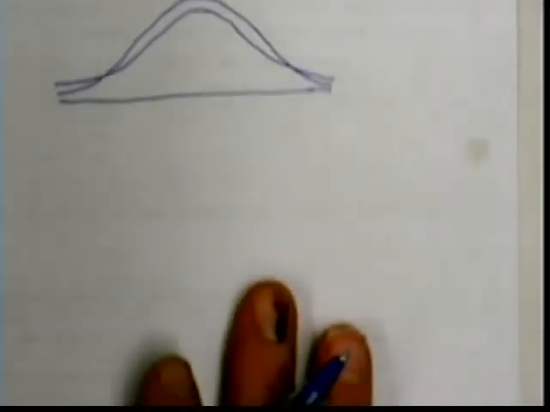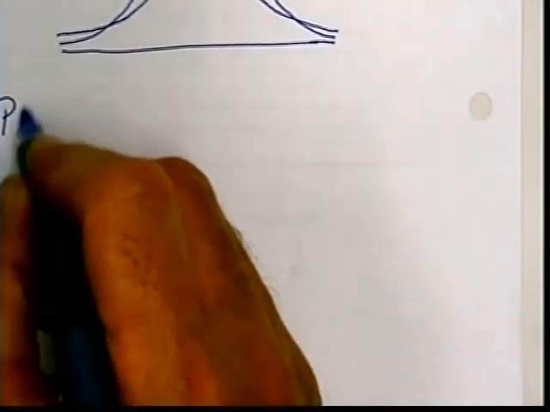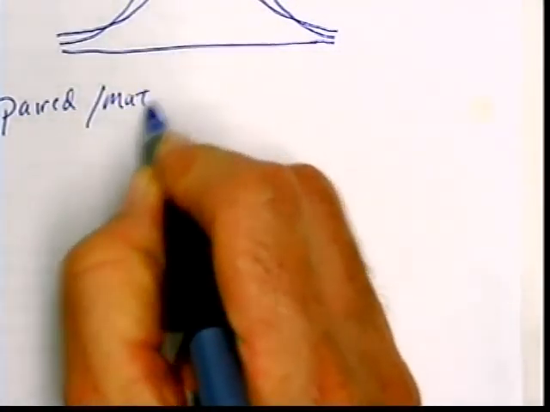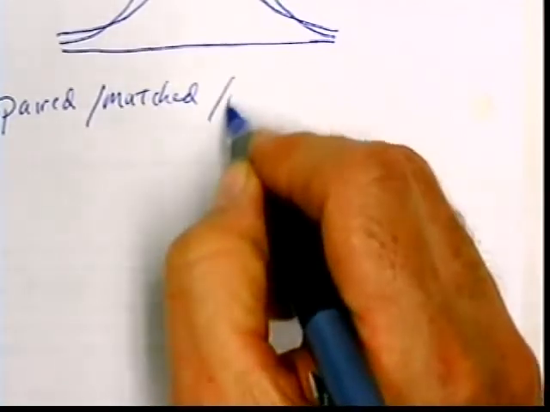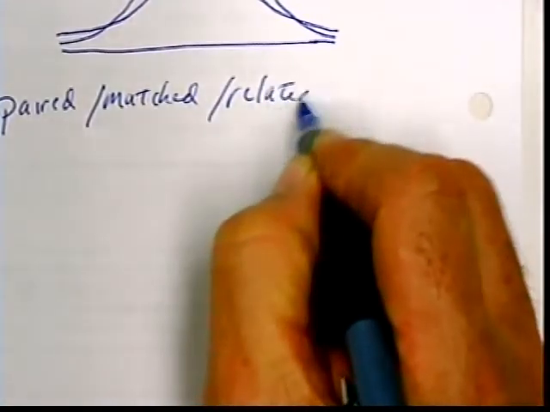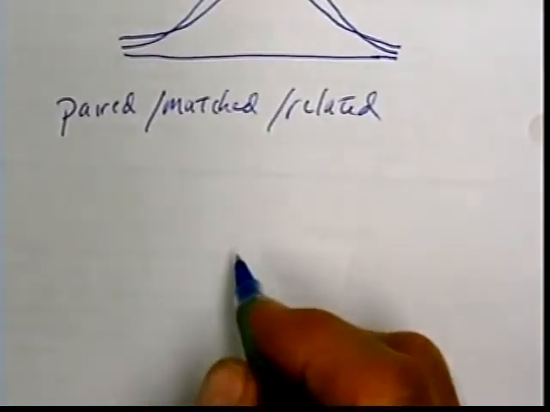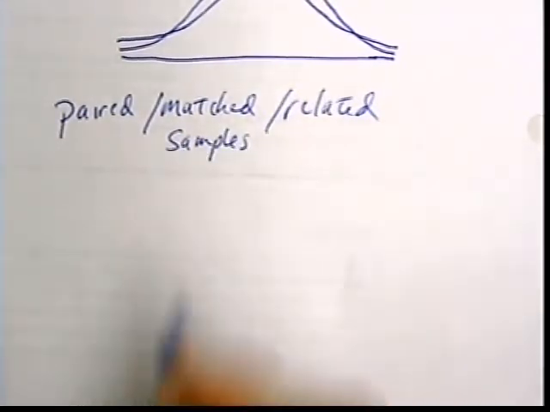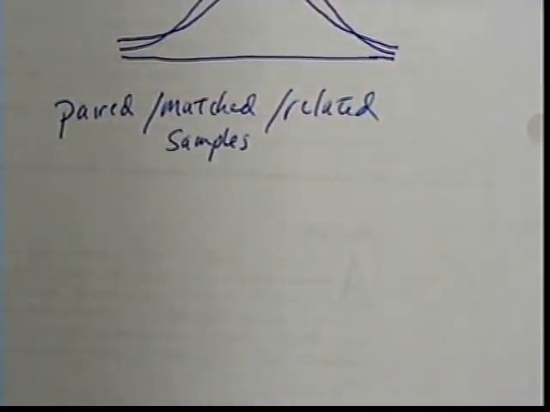Another thing that you're going to find in this chapter is paired, matched, related samples. There are several ways that you can do these.